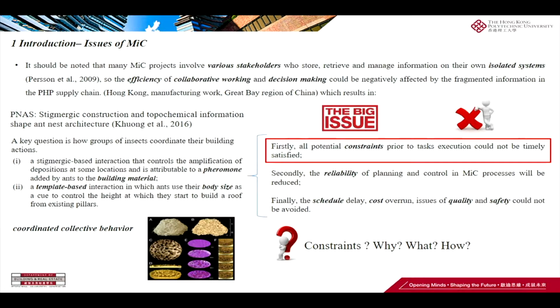Finally, schedule delay, cost overrun, and issues of quality and safety could not be avoided. Among so many issues, we need to first mitigate the constraints in the MIC. So that's what I have already done.